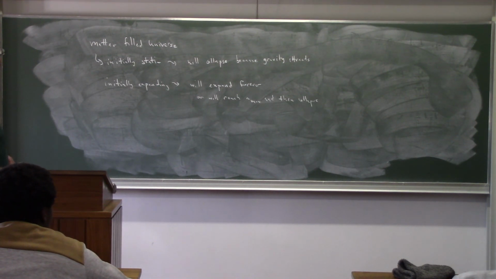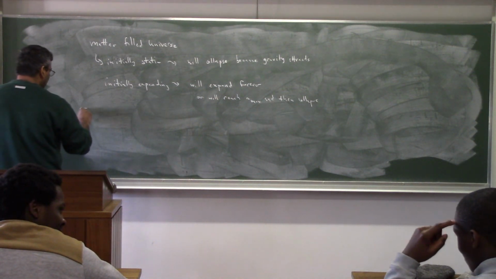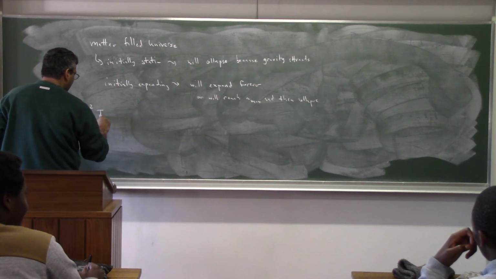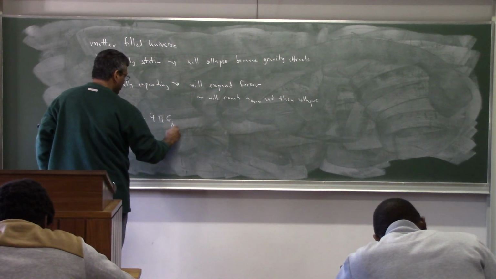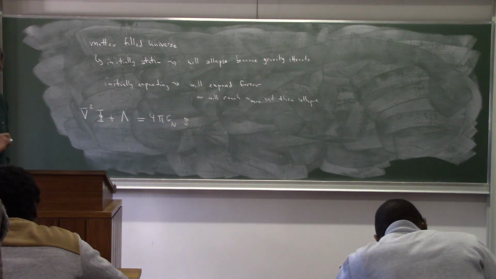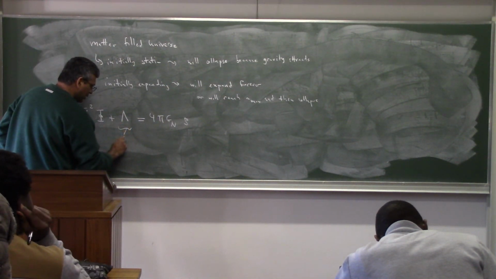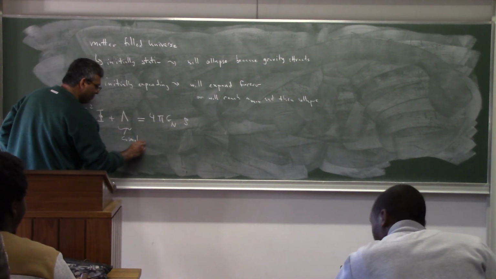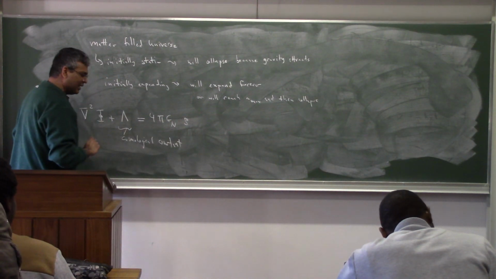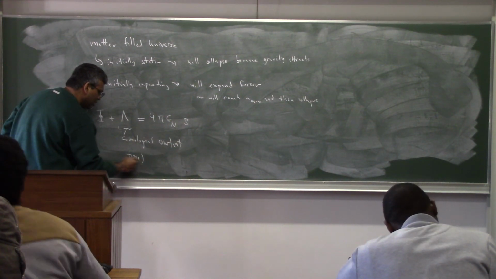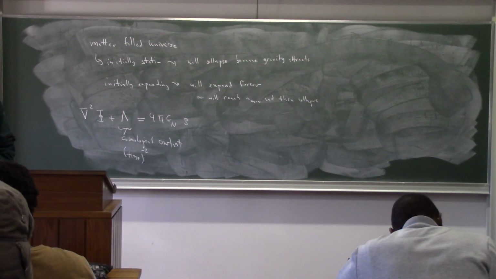So his solution was to modify the Poisson equation. The modification he proposed was del squared phi plus lambda equals 4 pi G Newton rho. So this lambda is a cosmological constant. It's not a function of time, and it has units of time to the minus 2. Okay?